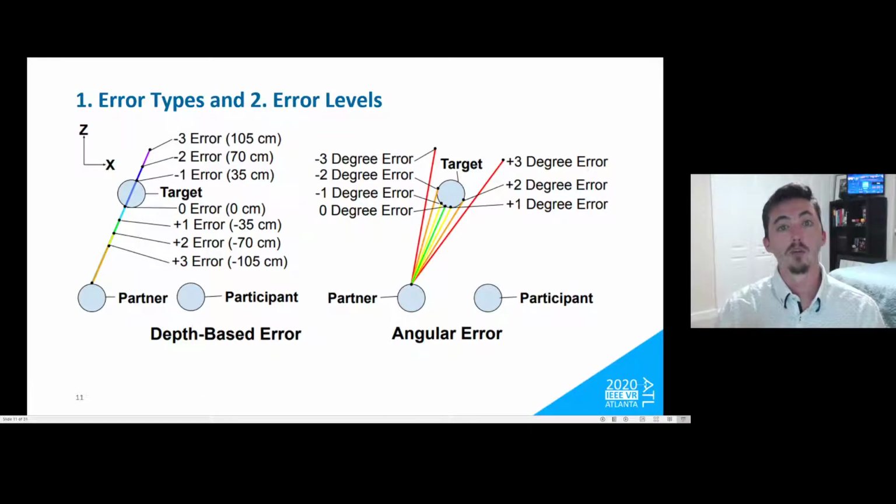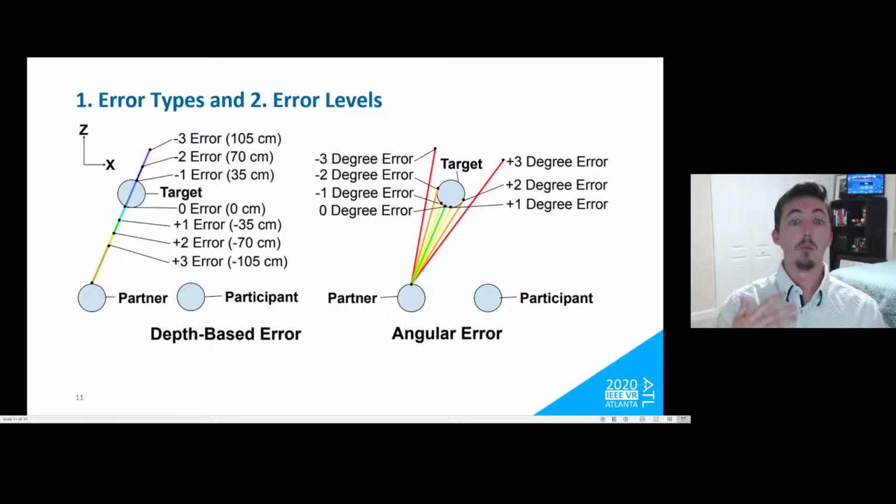Similarly, we have horizontal angular error, and another 7 different error levels for it. So at zero amount of horizontal error, that visualization is again centered right on the target, but when we add roughly 1 degree of error in any direction, it just rotates it to the left or to the right.